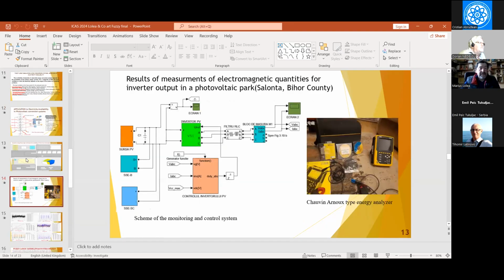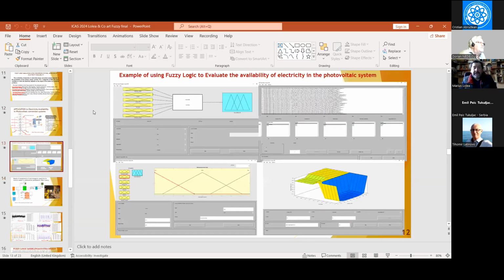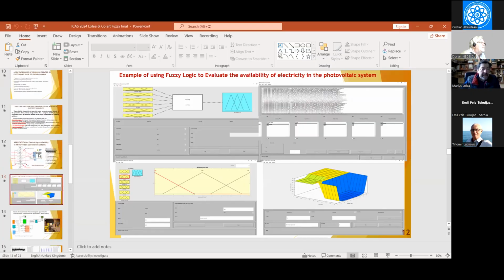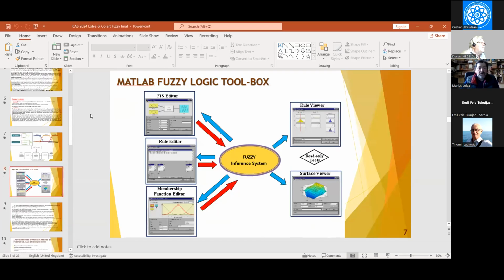The possibility to adjust is from using fuzzy logic availability to using the toolbox from MATLAB. MATLAB has five tools: FIS editor, rule editor, membership function editor, rule viewer, and surface viewer. In the FIS editor, for fuzzy logic, we can define the range of definition for every term and input in the system.